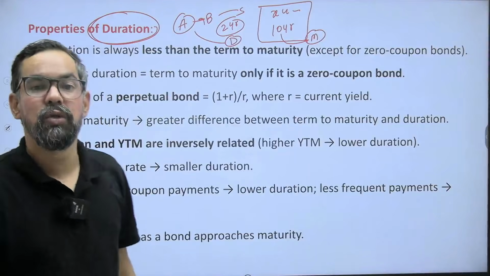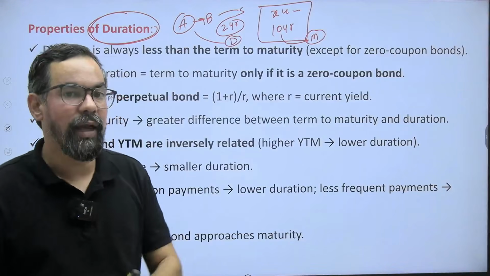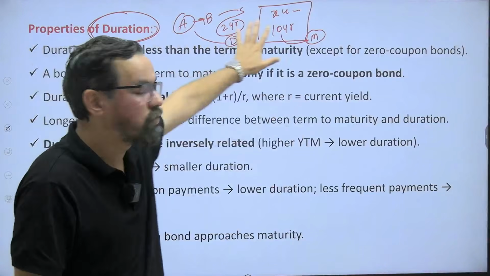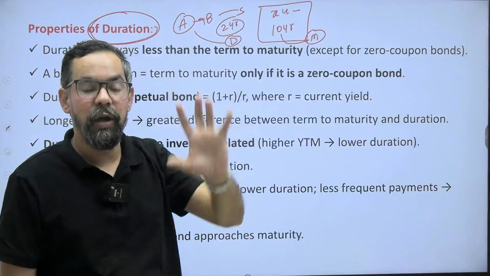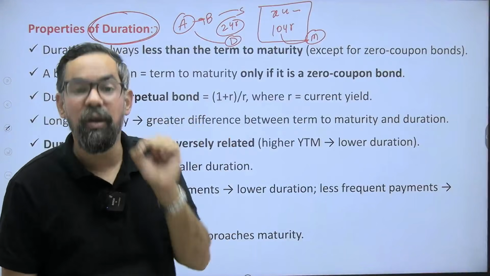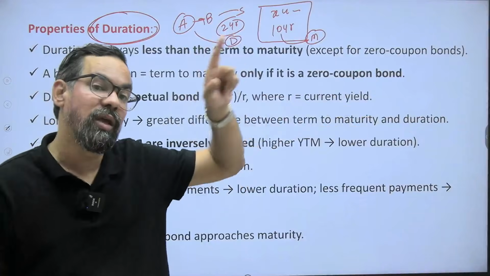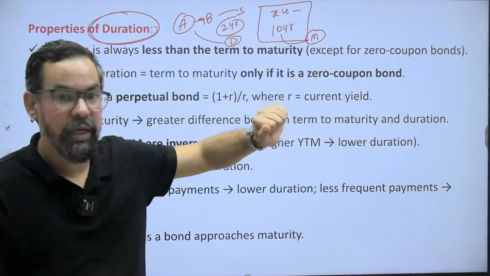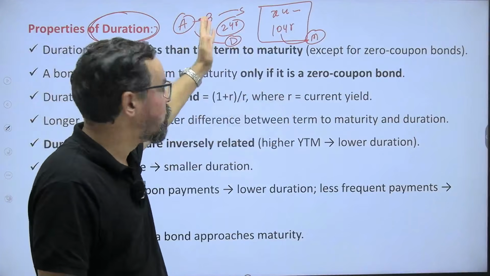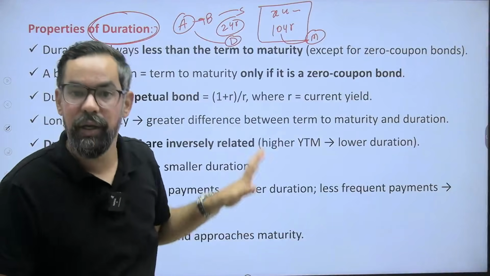Now in case of zero coupon bonds, what is the inference from this one? Okay? So your duration can be less than or equal to maturity. Okay? It cannot be greater than maturity. Reason being, it can be after 2 years, 3 years, or at most it can be 10 years.